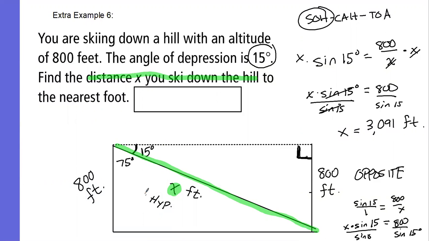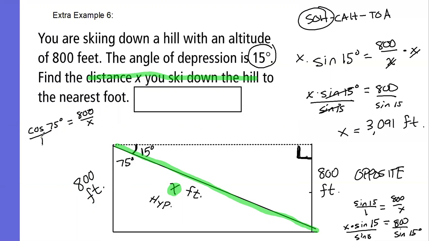Now I am looking at the adjacent with respect to the 75 over hypotenuse. So I have the cosine of 75 is equal to 800 over x. And if I solve this, that's going to give me the same answer, 3091.